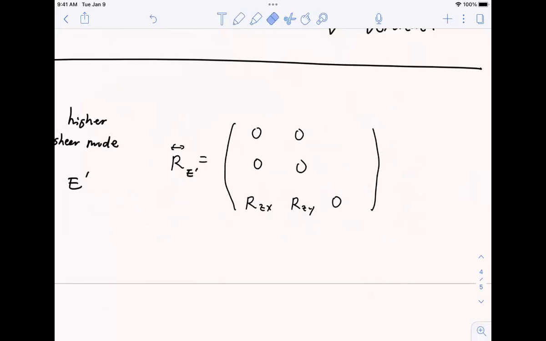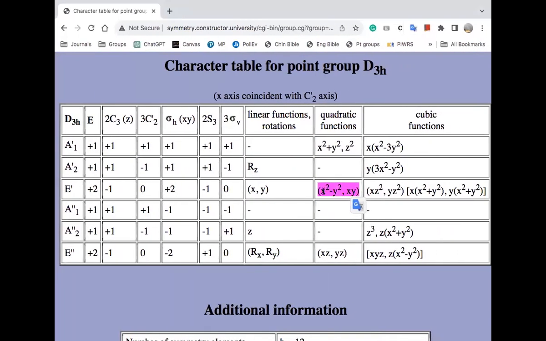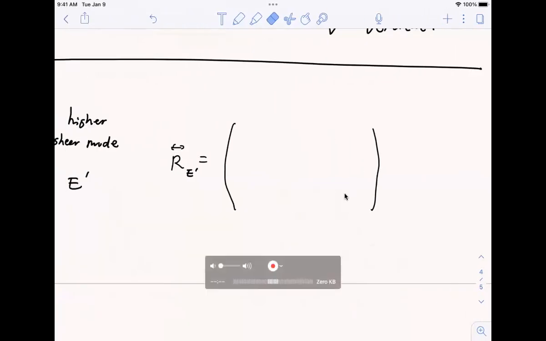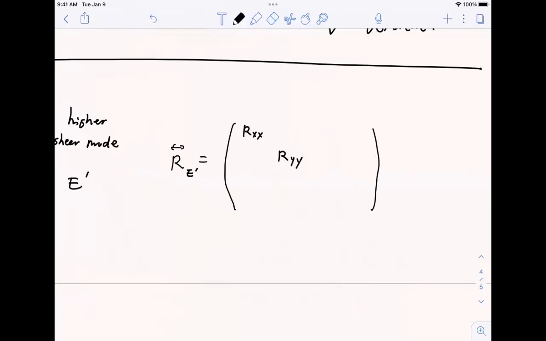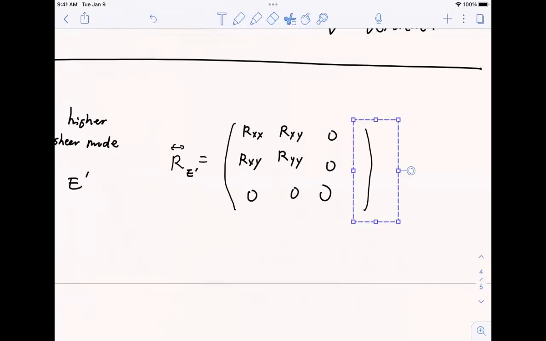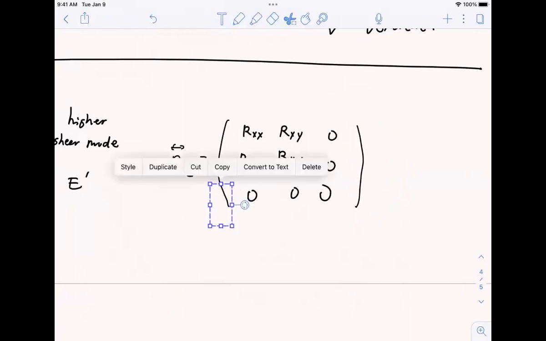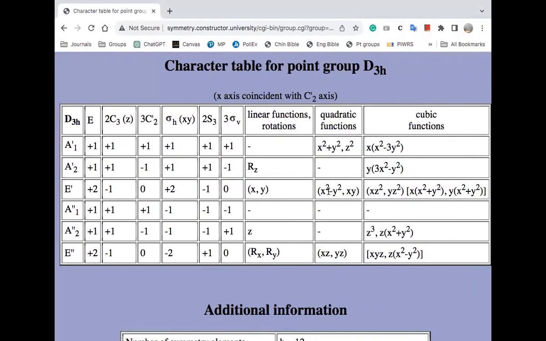So how many elements are there? You can see that here is x squared, y squared, xy. These are all 0. So this will be the form of the Raman tensor. However, you can see that this is not just x and y. This is x squared minus y squared.